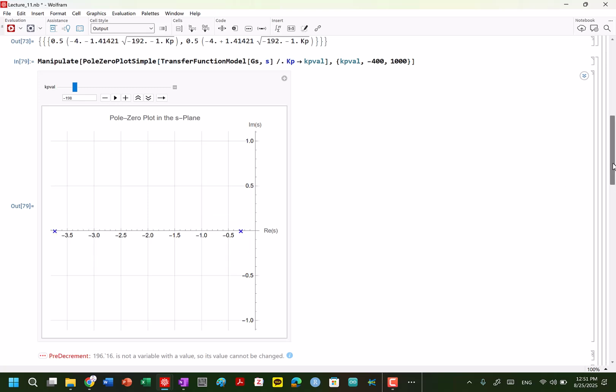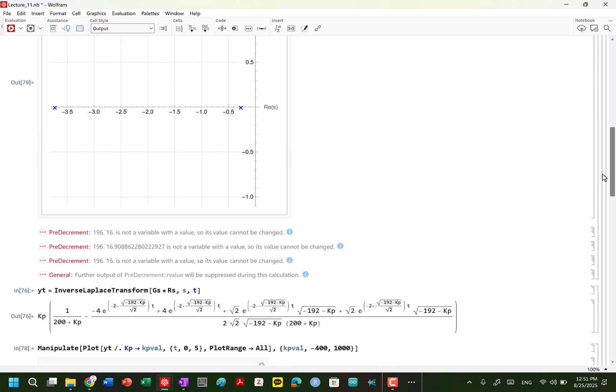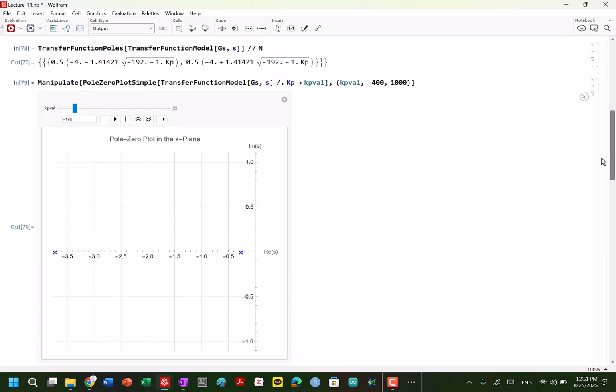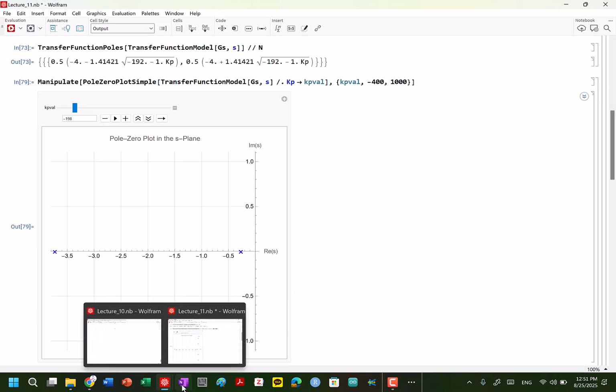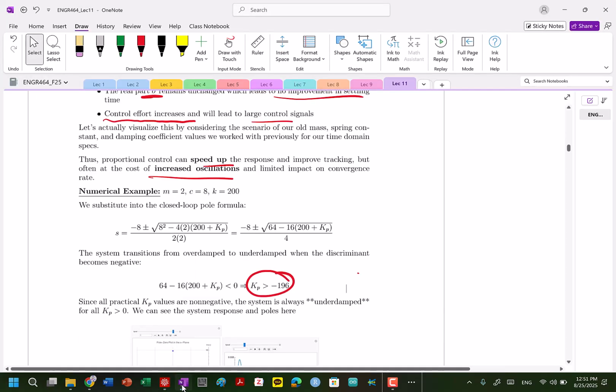Usually we're just stable here, because it should be 0. Yeah, we have to kind of tune that. I wonder if it's actually 196. But there's basically a value where we can become negative, and we can become unstable.